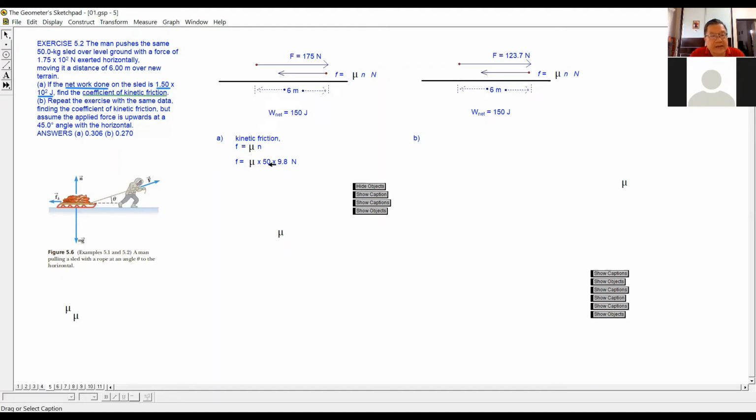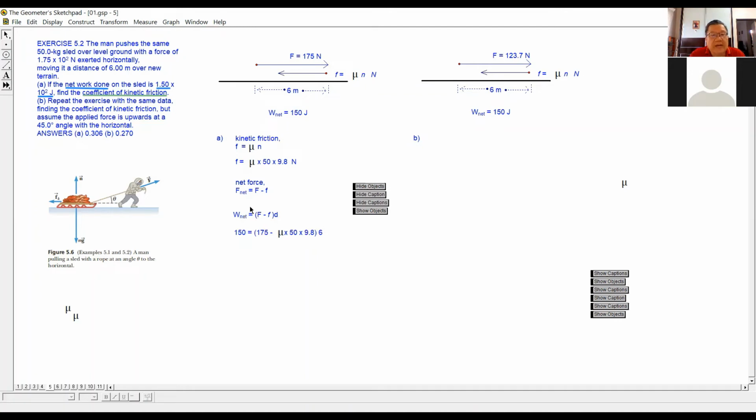N, the normal reaction, is the same as mg. M is 50 kilogram, g is 9.8. The net force is the applied force minus the frictional force.